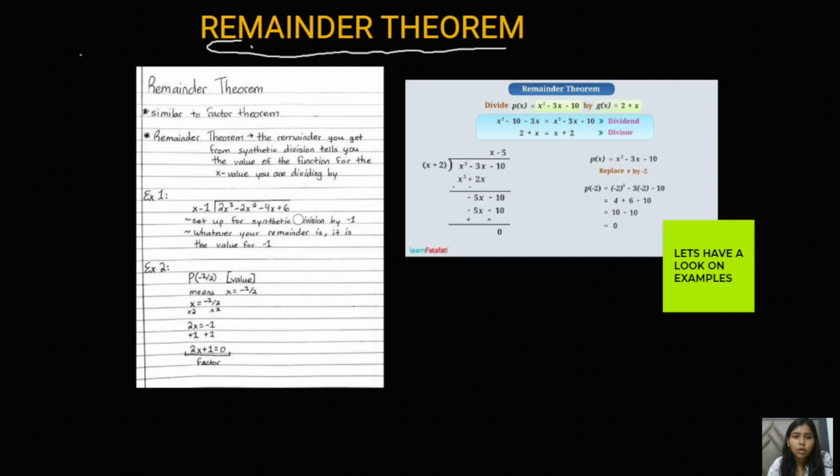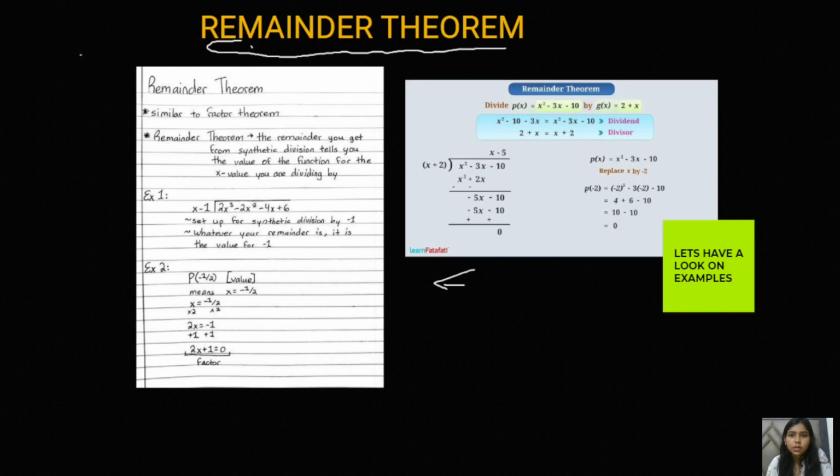Okay, so before getting back to the remainder theorem, let's start with the long division method. Let's solve some problems from the long division method. For example, we have x square minus 3x minus 10 divided by x plus 2. So let's solve this.